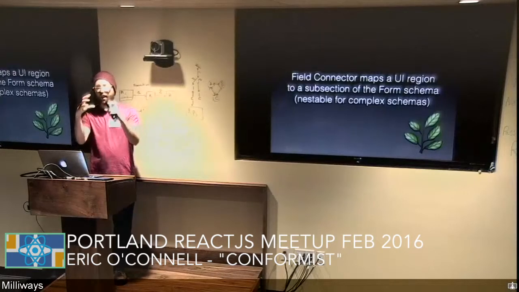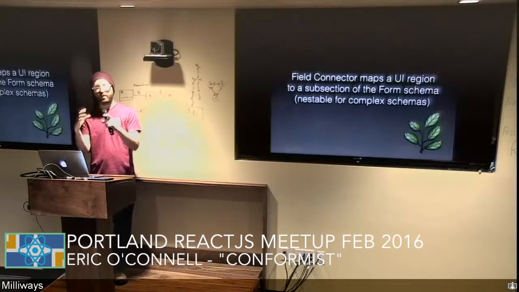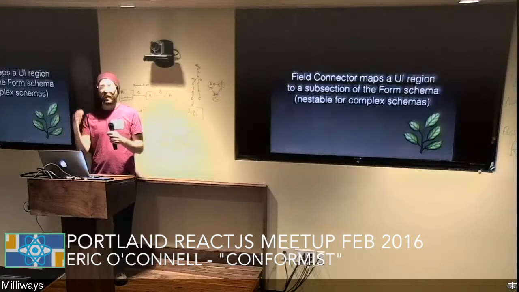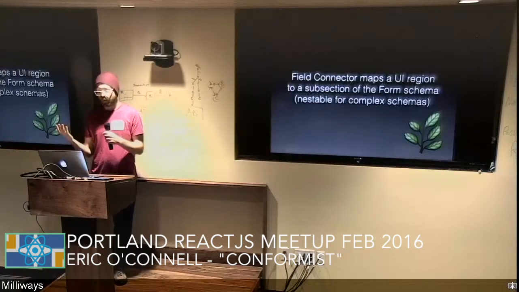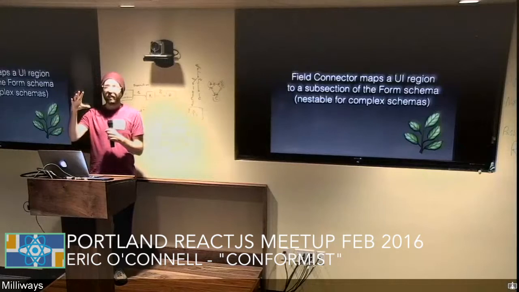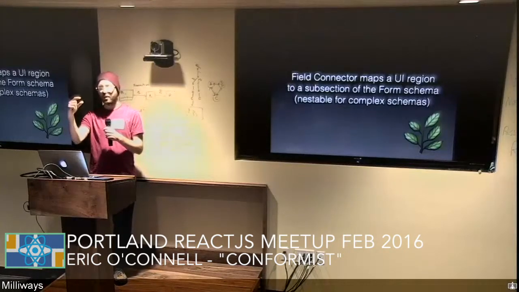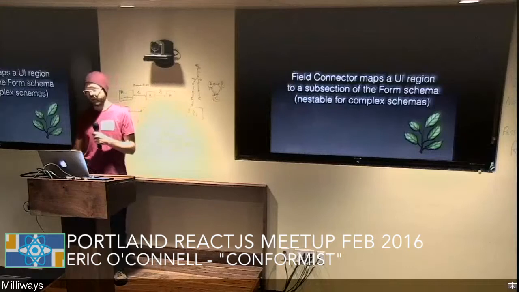So you can think of a hierarchy of schema fields, and you can nest them as much as you want. Frequently, it'll just be a form with one layer of nesting, and each field corresponds with one form field. But it can nest. Say you have a list of addresses: you could have a field connector around the entire list of addresses, and then a field connector around each address in that list, and then a field connector around each subfield of the address. And it just wires all that stuff up for you.